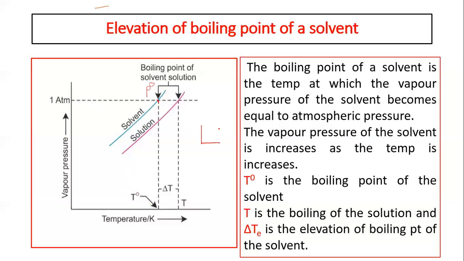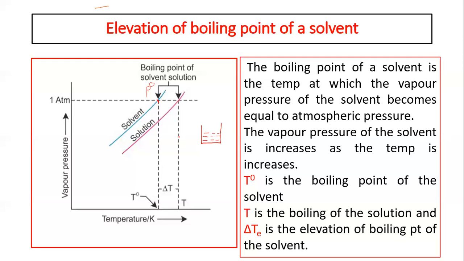You can see here, suppose we first take a pure solvent, suppose we take water and we boil the water. What happens? The vapor pressure of the water increases as the temperature increases. And when the vapor pressure reaches the atmospheric pressure, then the liquid starts to boil.